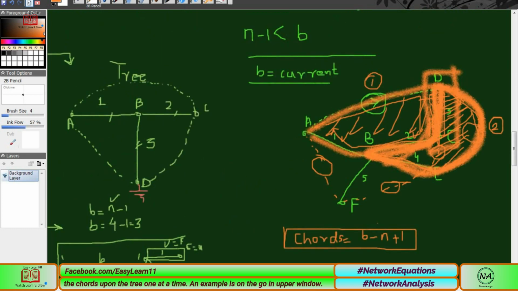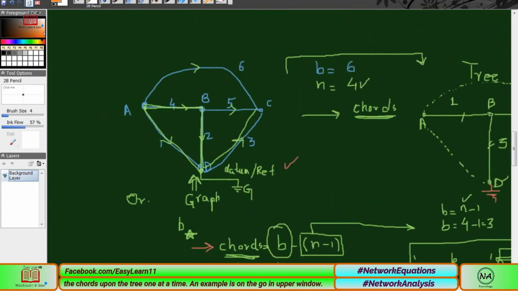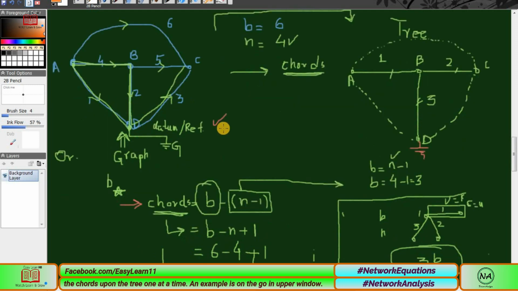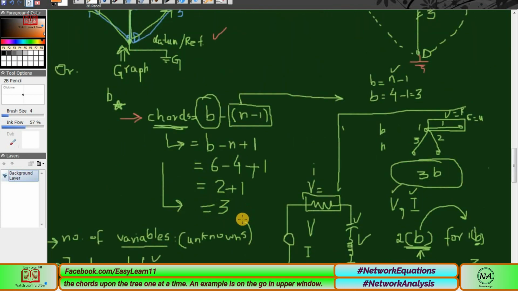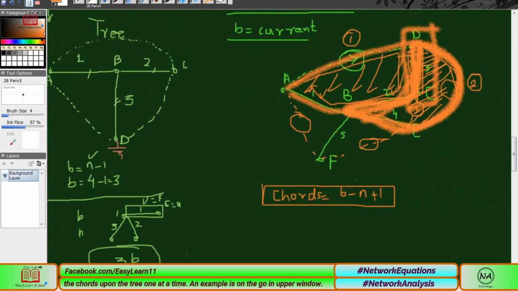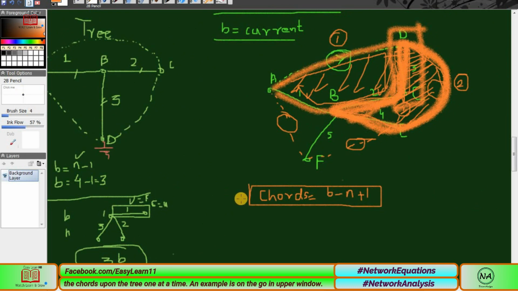According to this formula, let's suppose we look at this side. If we apply the number of nodes formula to this scenario, this is the tree and this is the oriented graph. What we get is the answer 3. It means that three different variables and three different currents are required to be calculated.